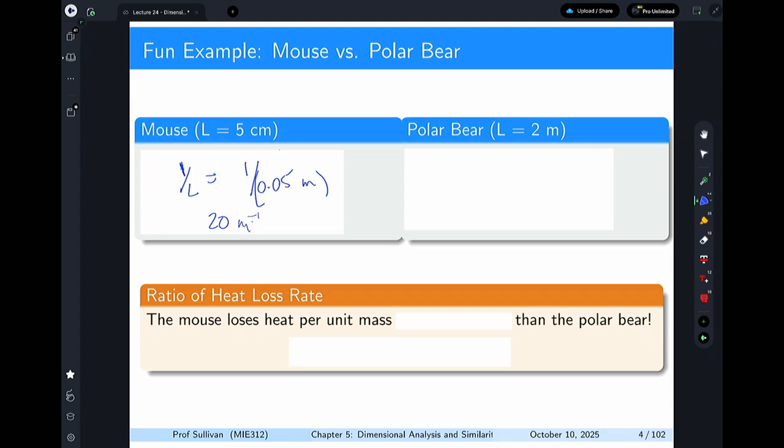For a polar bear, 1 over L scales as 1 over 2 meters, and it's 0.5 inverse meters.